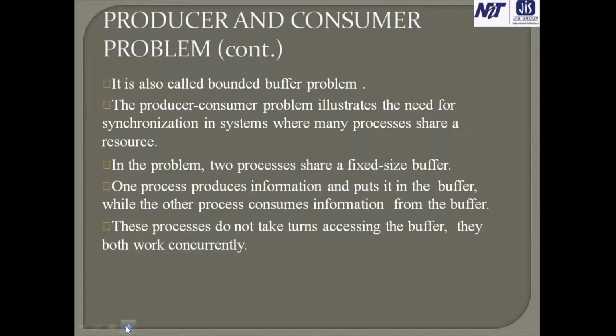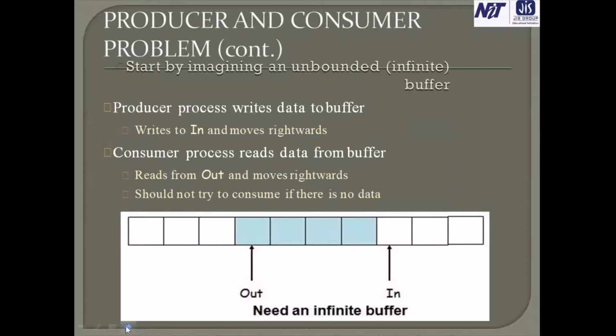One process acts as a producer that puts information in the buffer, while simultaneously the other process consumes information from that buffer. These processes do not take turns accessing the buffer, they both work concurrently. So, as we saw in our previous lecture, the race condition happens.